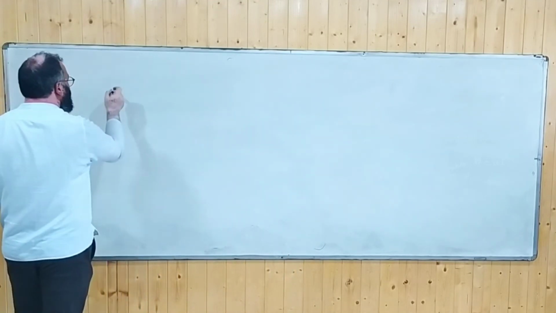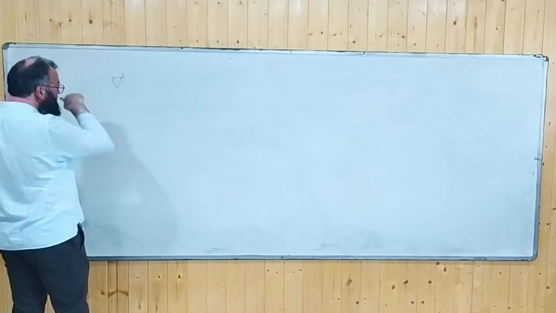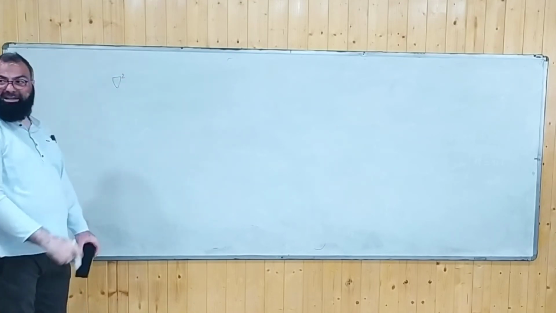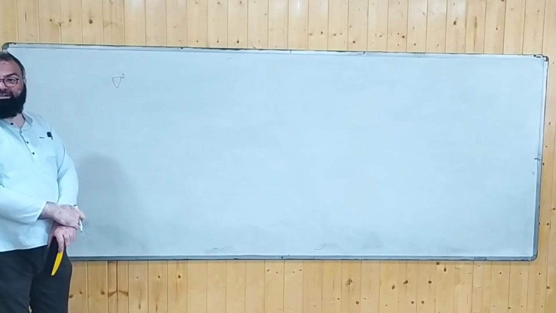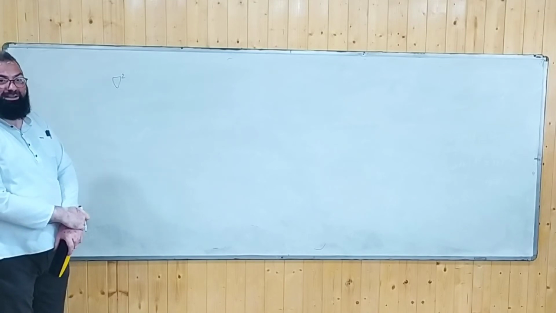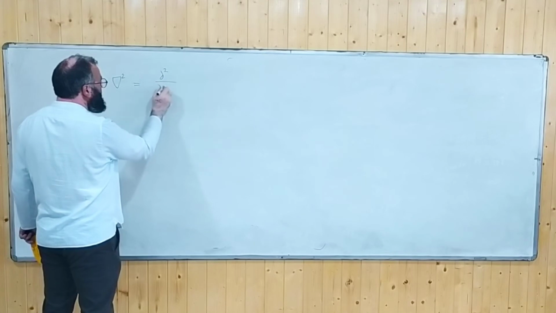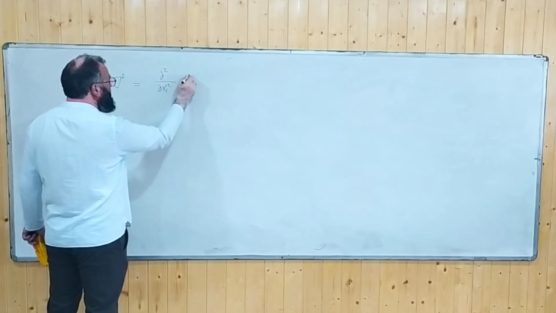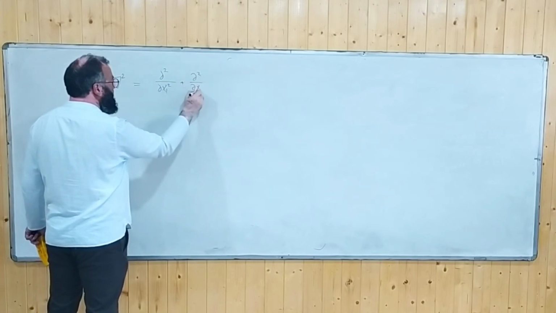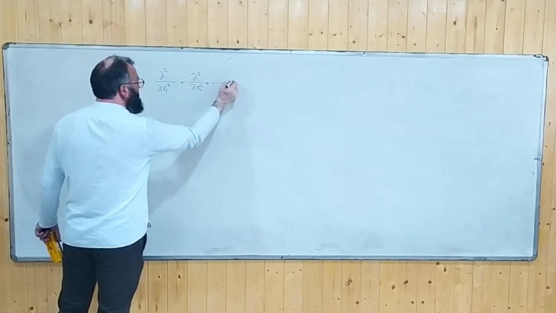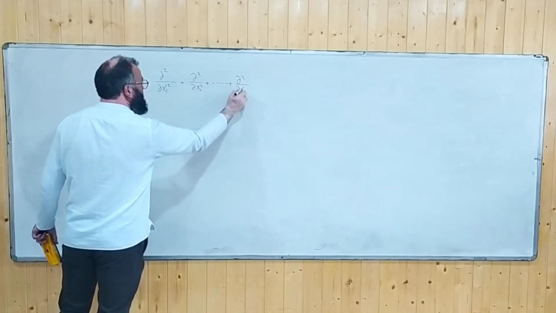So let's take this Laplacian operator. Let's write this Laplacian in m dimensions. How will I write this Laplacian in m dimensions? Partial 2 by partial x1 2, partial 2 by partial x2 2, and so on, plus partial 2 by partial xm 2.